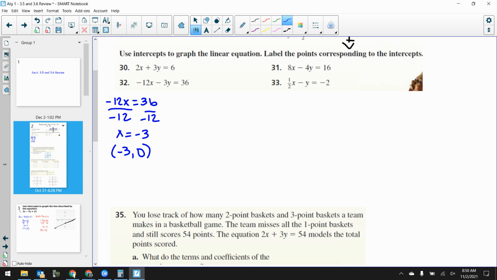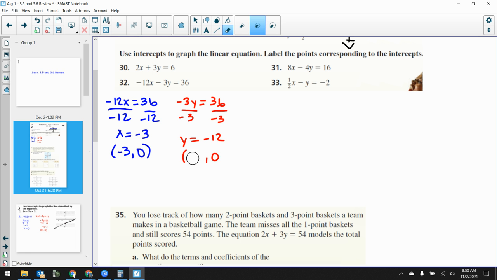You follow me so far? Okay, on the flip side, negative 3y is equal to 36. Divide by negative 3, y is negative 12. So 0, negative 12.